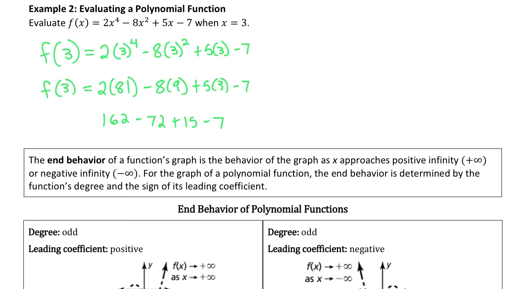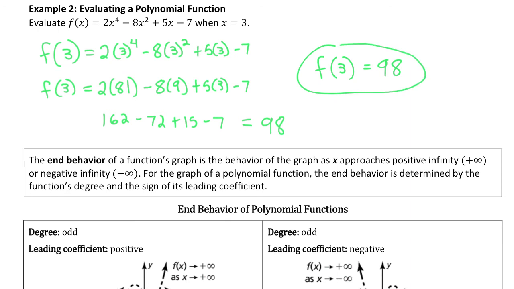And then minus 7. Now, could you just plug this all into a calculator and have the calculator do the work for you? Absolutely. I do not care. But make sure that you understand when you're dealing with negatives, when you're dealing with all these other things, use parentheses when you're substituting, okay? But that's all there is to it. Evaluating a polynomial is just substituting in a value and evaluating using order of operations.